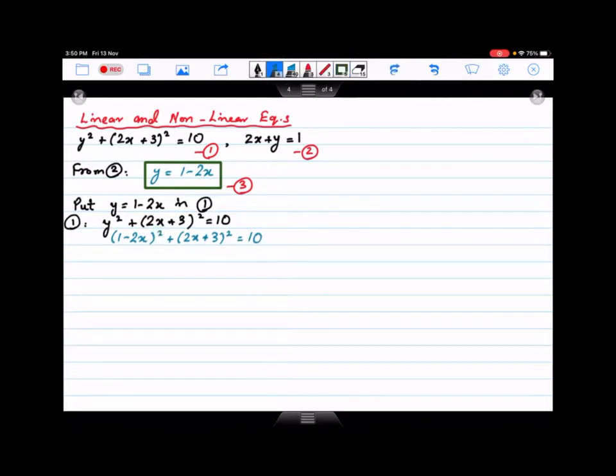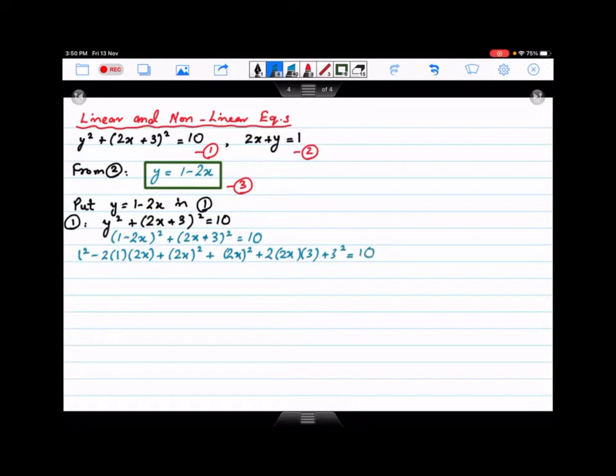So to open the whole square, we use the formula: a minus b whole square becomes a square minus 2ab plus b square, and a plus b whole square becomes a square plus 2ab plus b square, and equals to 10.